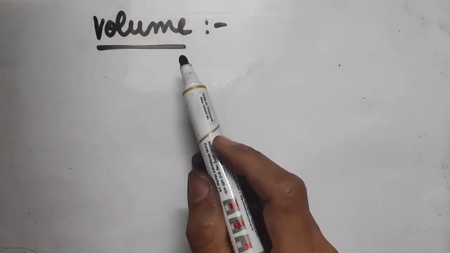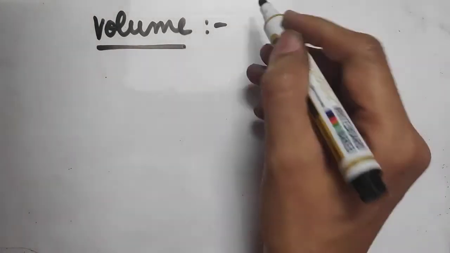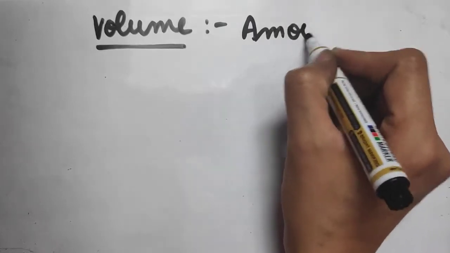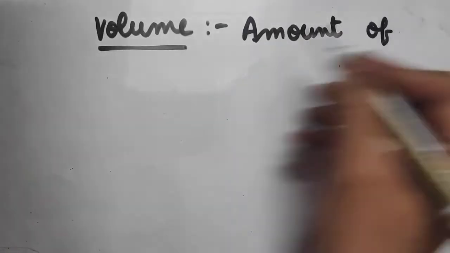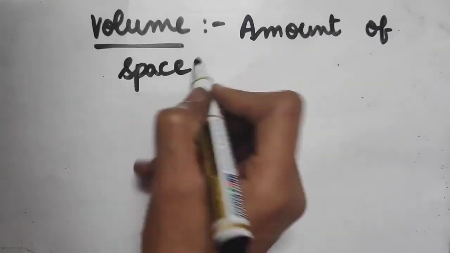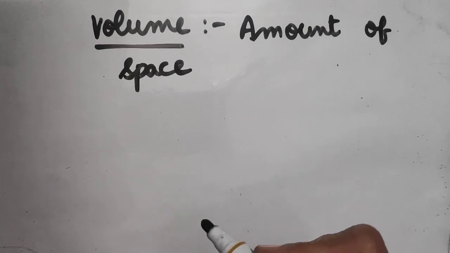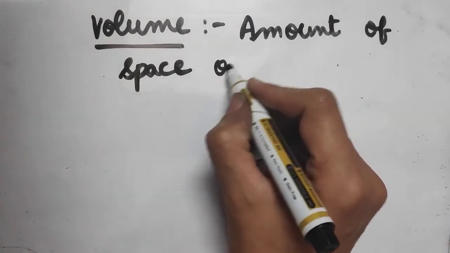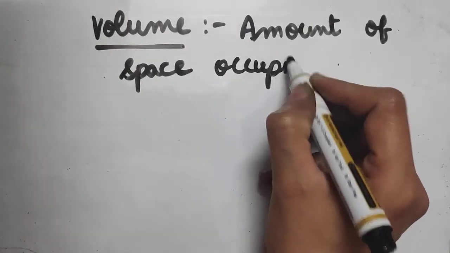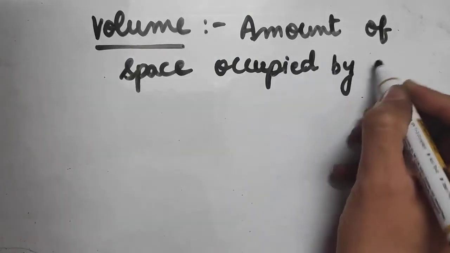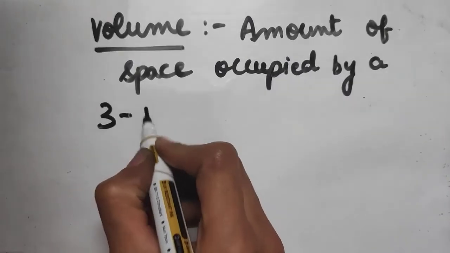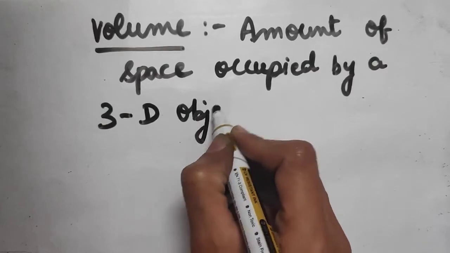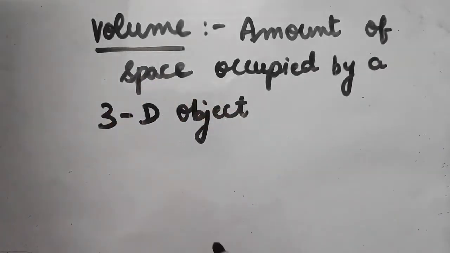The definition of volume is amount of space occupied by a three-dimensional object. Occupied by a three-dimensional object is called its volume.